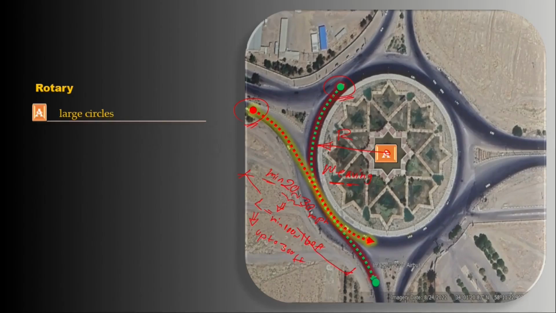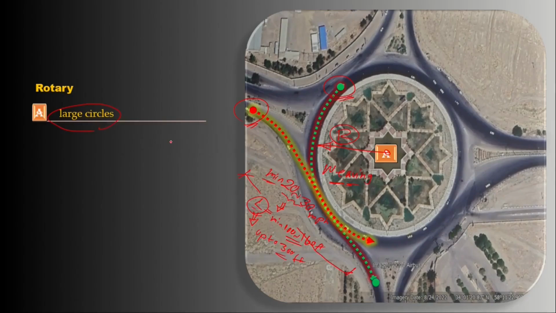Now, the longer this length needs to be, the longer this radius should be. And given these figures, it's no wonder why rotaries are known for their large circles.